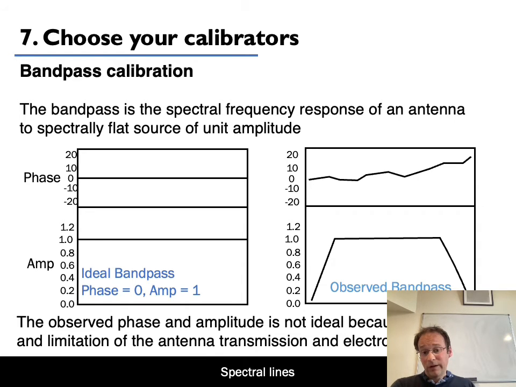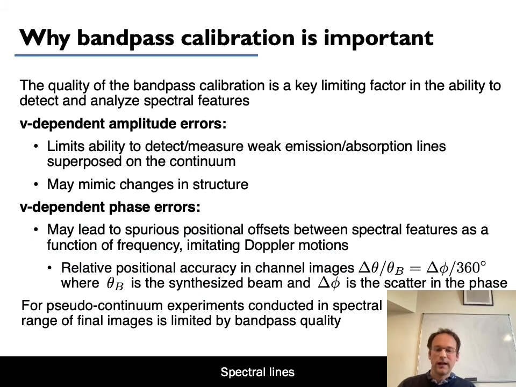But the gain is also a function of frequency as well. So the response of the telescope to signal is a function of frequency, and that also needs to be calibrated out. And so we need to choose a calibrator to correct for that. Characterizing and correcting the bandpass response of the telescope is very important for spectral line work.